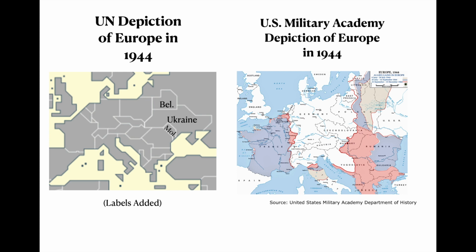There's another real oddity of this map: it's showing Ukraine, the Belarusian Soviet Socialist Republic, which today we call Belarus, and Moldova as if they were independent countries. It works in a way for Ukraine and Belarus because these were actually separate member states of the UN in the Cold War period.